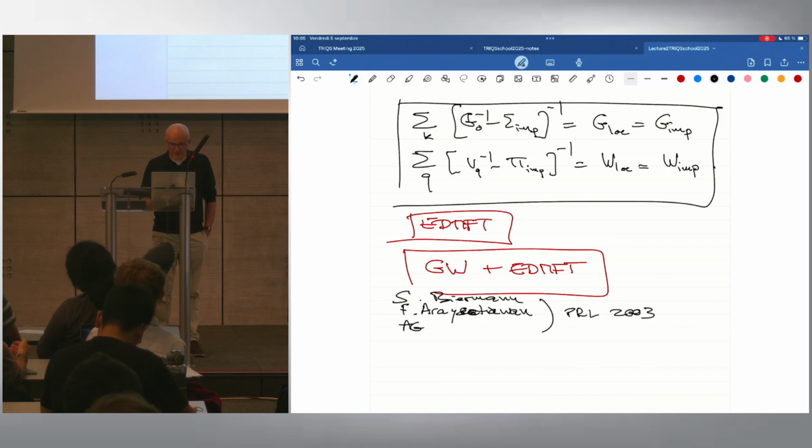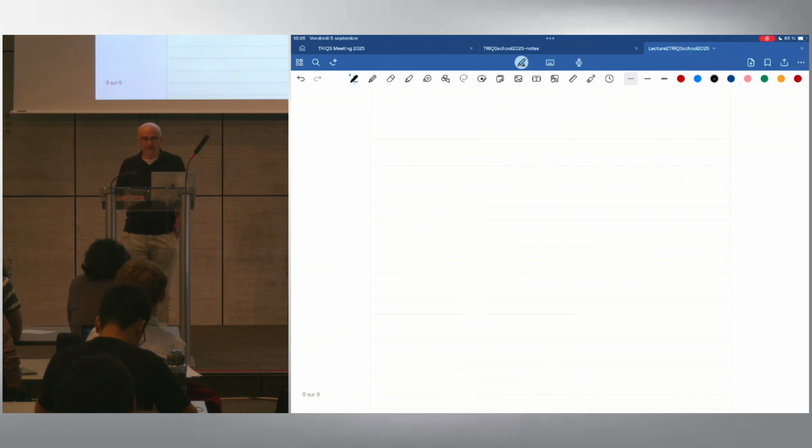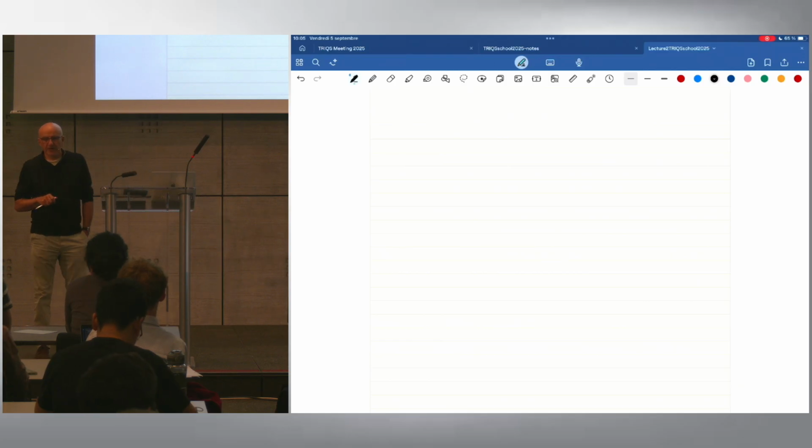The other way is to do it in a more pedestrian way, by just arguing about RPA and making RPA self-consistent. So I think this is what I'm going to do. Let's see if at the end of the lecture I have time to say something about functionals and the Hedin equations. Any questions at this point?